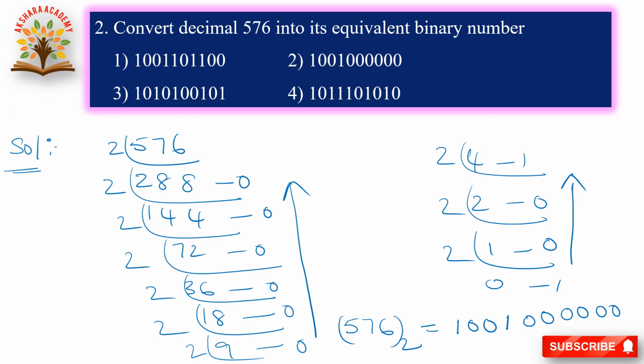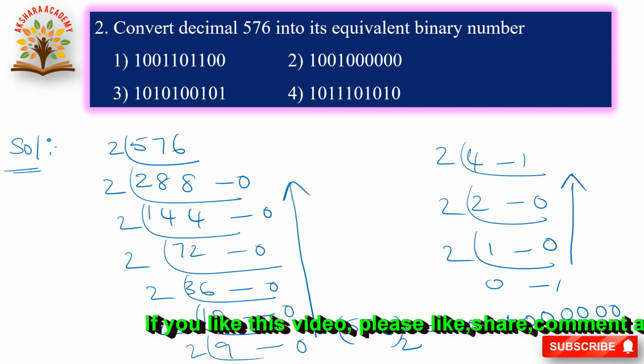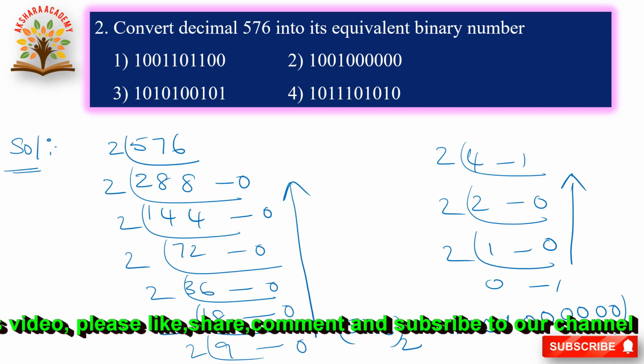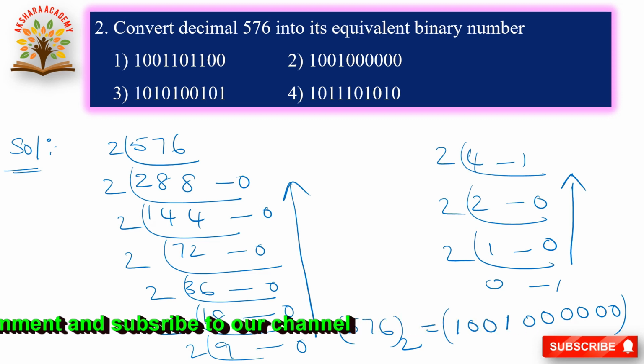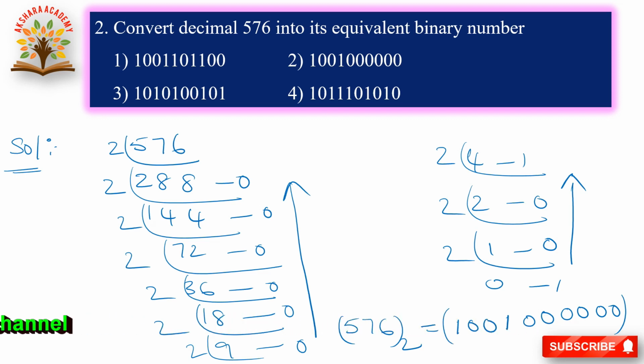Here, how many zeros? 1, 2, 3, 4, 5, 6 zeros. This is the equivalent binary number of 576. Next we will go to the next question.